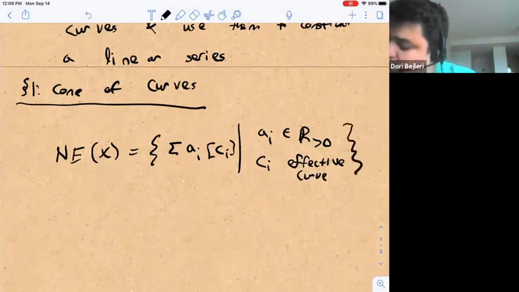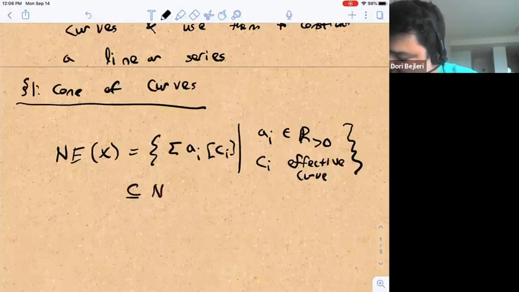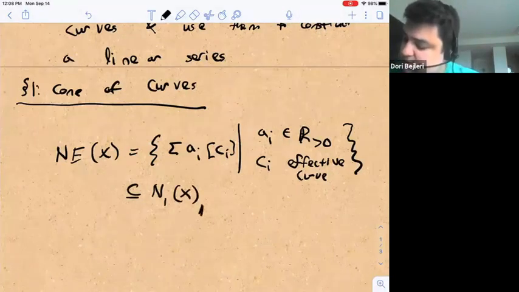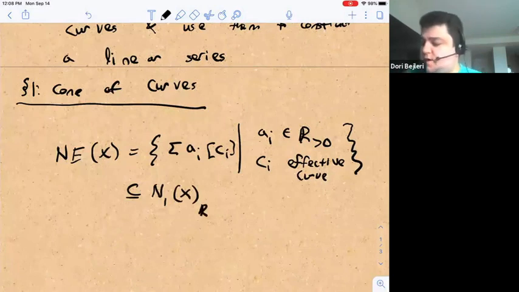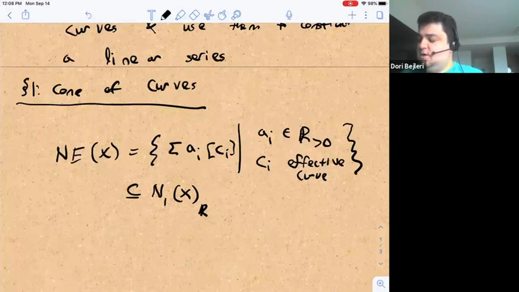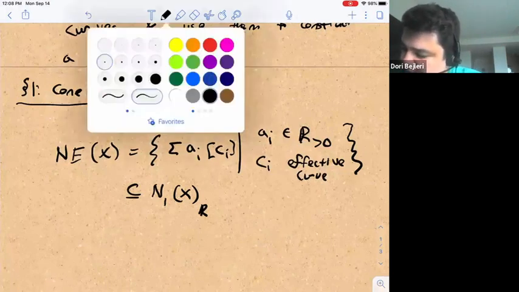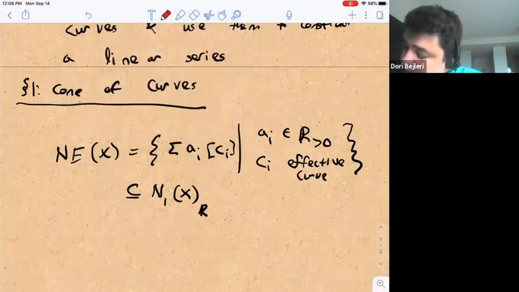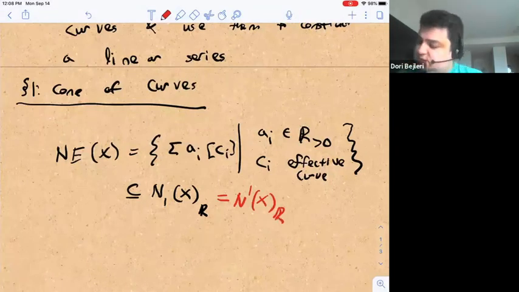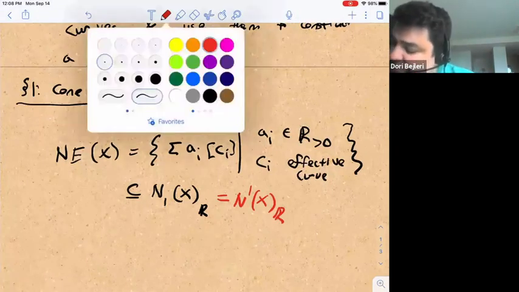And by definition, this sits inside of what we can call N_1(X), and maybe with an R, though sometimes I'll drop the R, which is numerical equivalence classes of curves with real coefficients. But because we're on a surface, we'll make use of the fact that this is the same as N^1(X)_R, numerical equivalence classes of divisors with real coefficients.